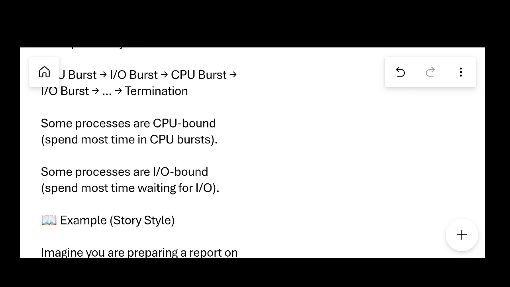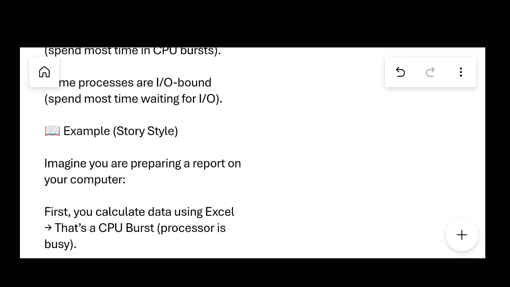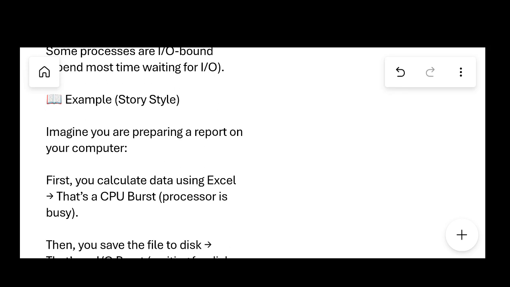Then example: imagine you are preparing a report. First you calculate data in Excel, that's a CPU burst. Then you save the file to disk, that's an IO burst.